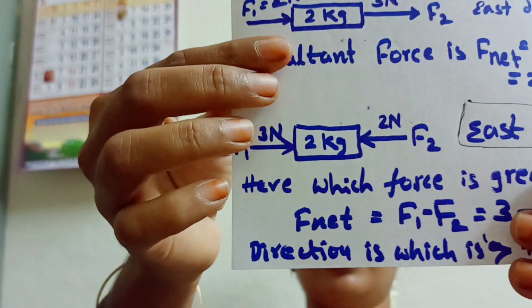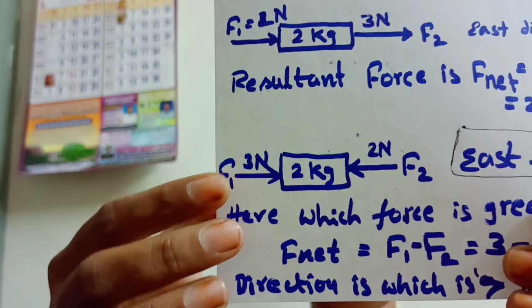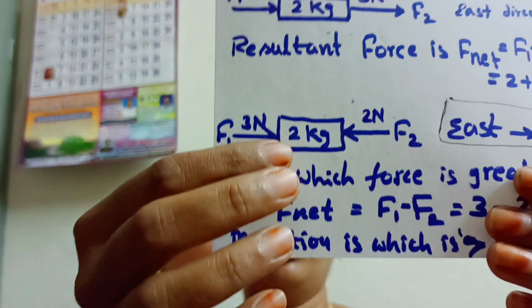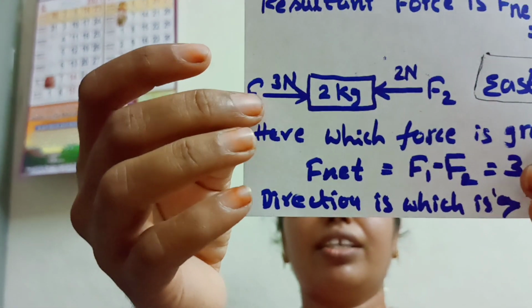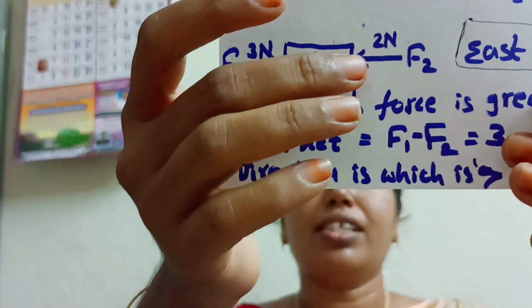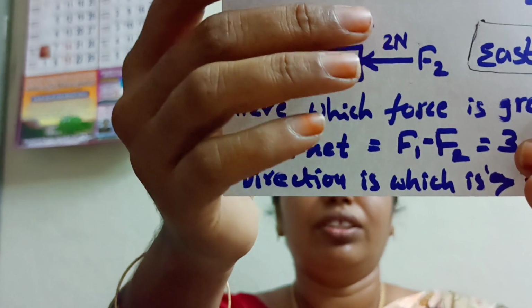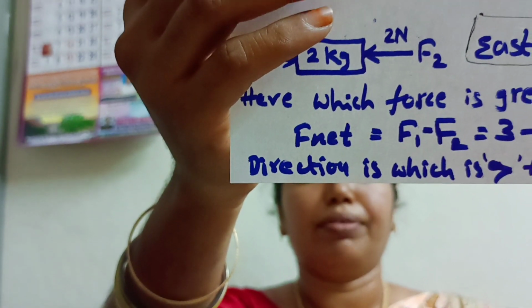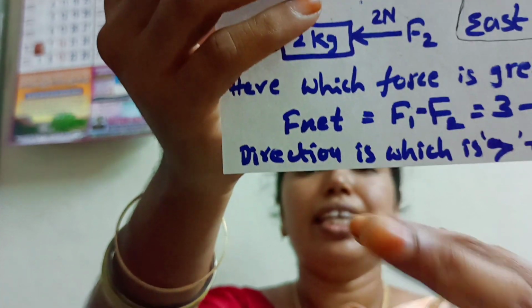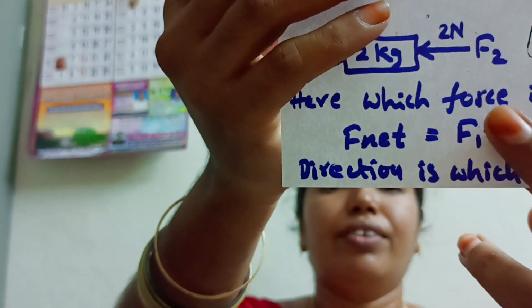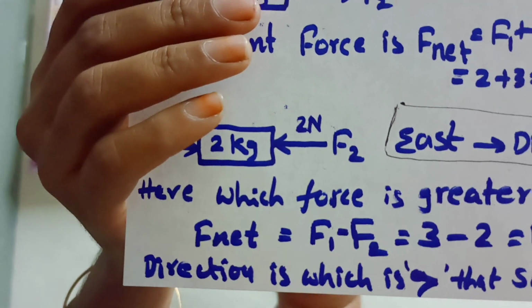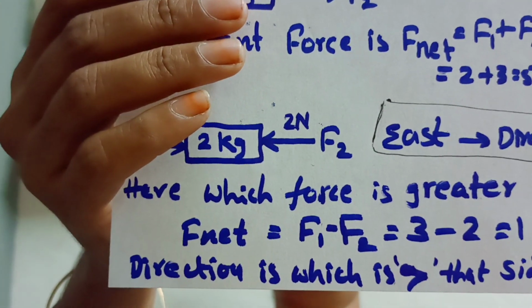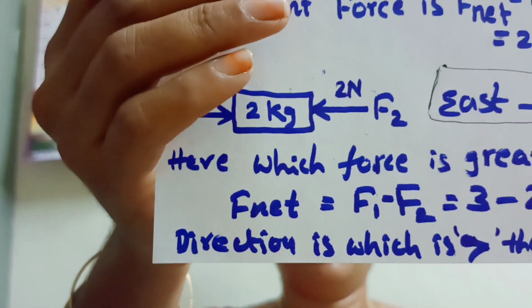The last case, on 2 kgs mass of an object, applied forces F1 3 newtons, F2 2 newtons. Here we observed both forces are opposite in direction.